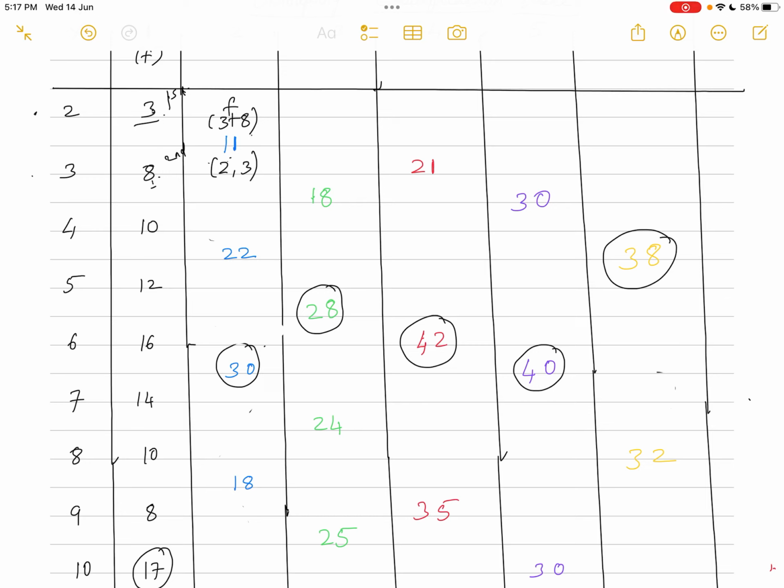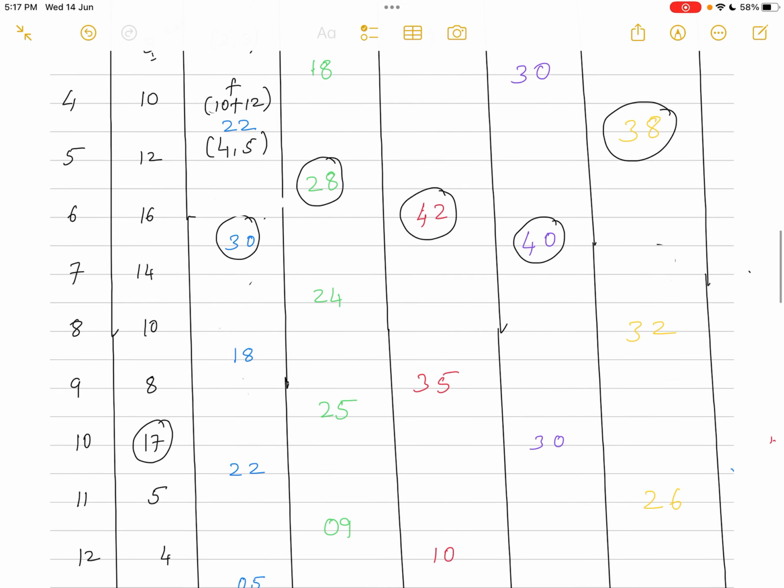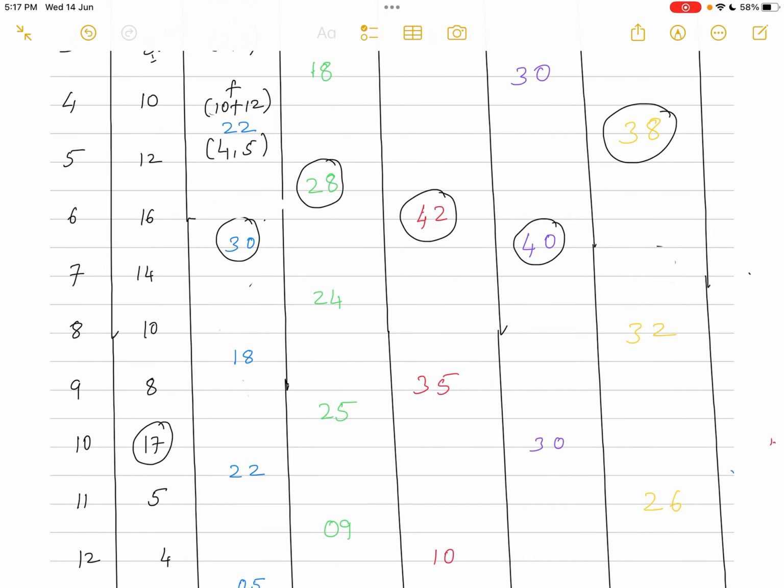So 10 plus 12 we are getting 22. Here 10 plus 12 is the frequency, and the corresponding x values are 4 and 5, isn't it? And then next 16, the 6th and 7th.